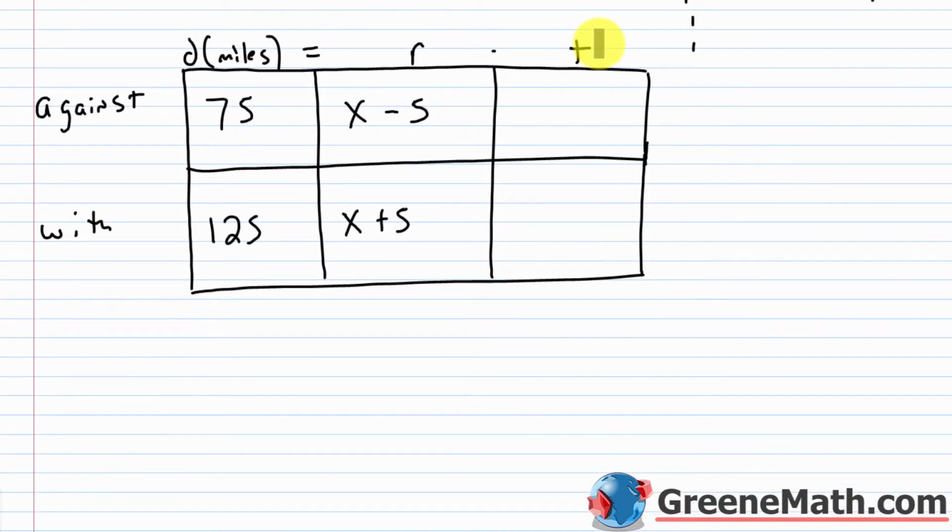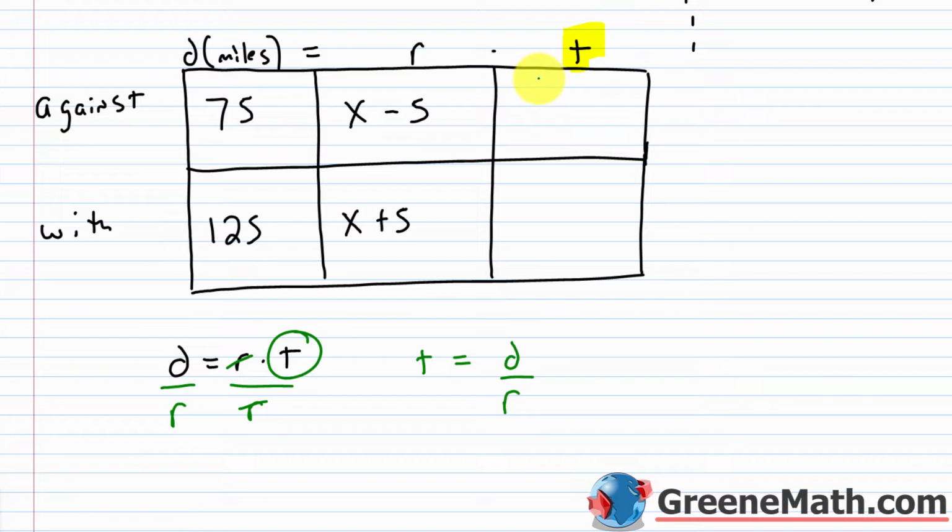If I wanted to solve for time, which is what I want to know, and I have distance equals rate times time, I could divide both sides by r, and I would have time on one side of the equation by itself. So time is equal to distance divided by rate. I have a distance here of 75 and a rate of x minus 5.